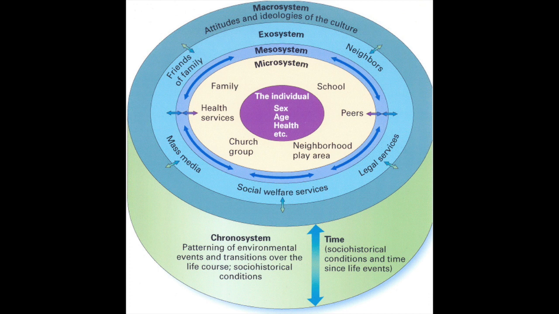So next we get to what is usually listed as the first level of this theory, and this is the microsystem. The microsystem refers to your immediate environments. Now for a child, this could be their school, their peer group, or their family. Who do they interact with, and what is their relationship with those people?